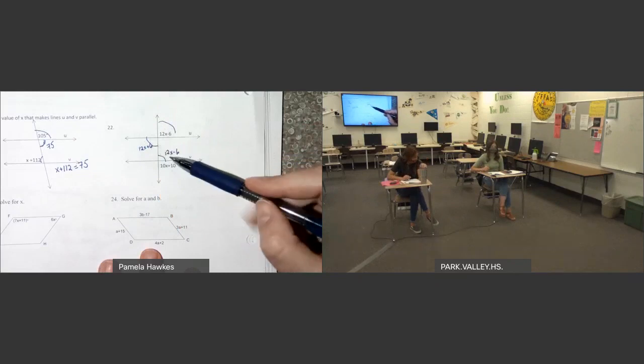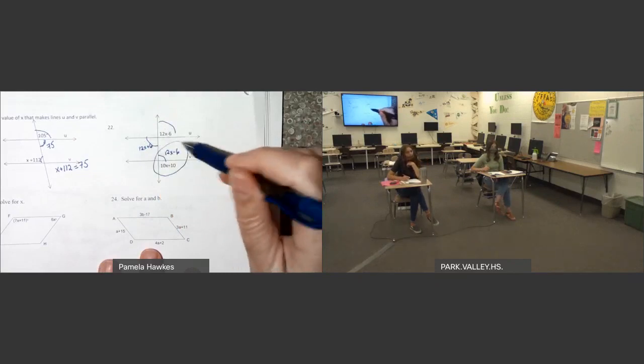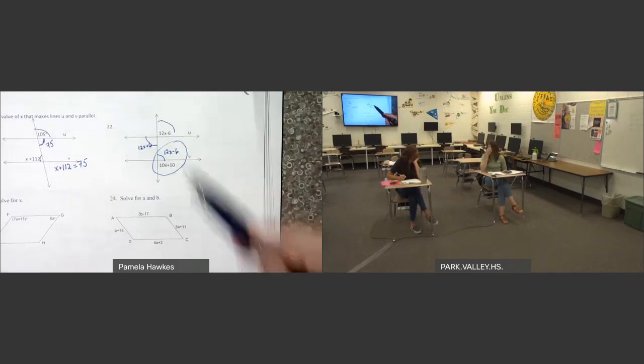These two are alternate interior. Okay, so what do you know about these two? Why? Why are they supplementary? So what are they called? What are those two angles called?